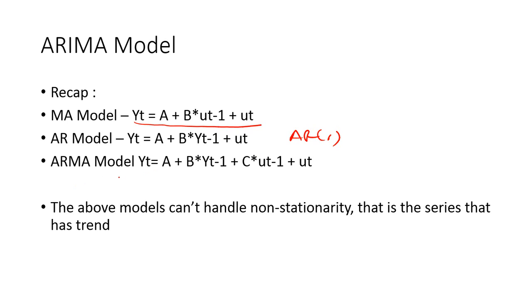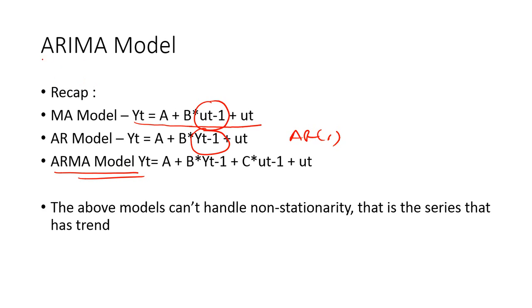In the ARMA model, it combines the MA terms and the AR terms. The MA terms come from the error terms, and the AR terms are nothing but the lags of the same series. When it combines, you get the ARMA class of models. That's what we have already learned in this series. Now, what is the ARIMA class of models?